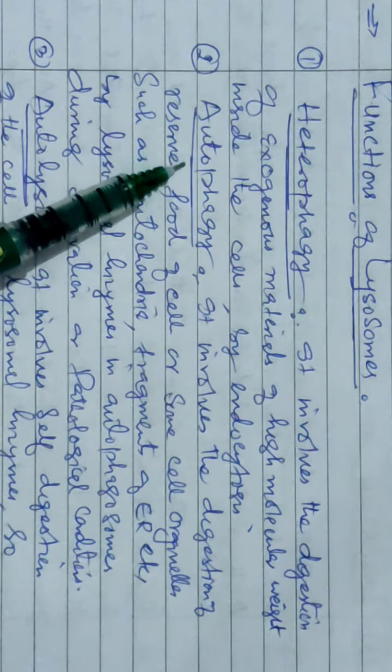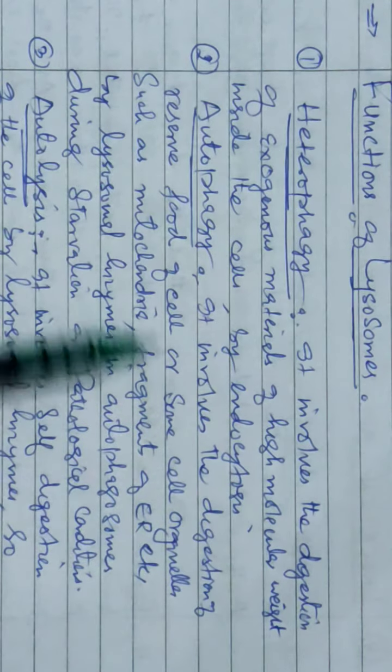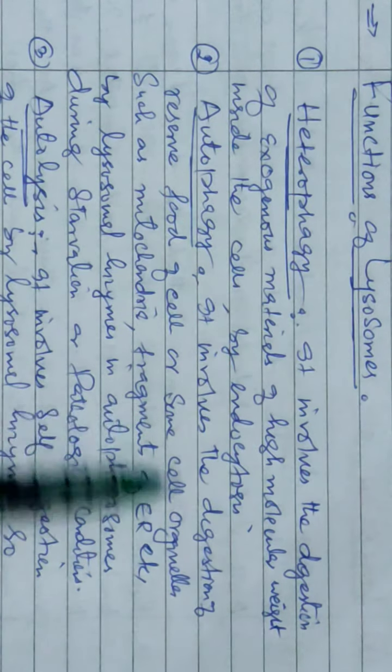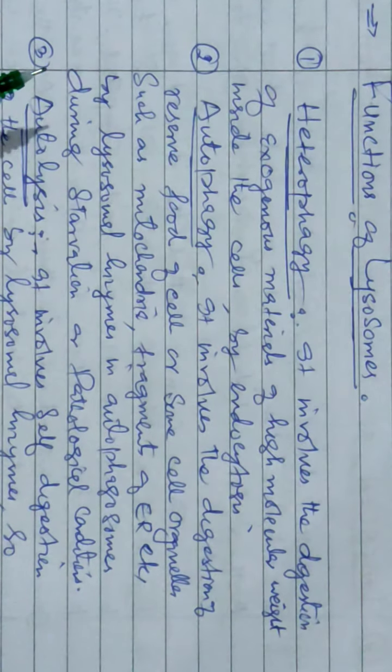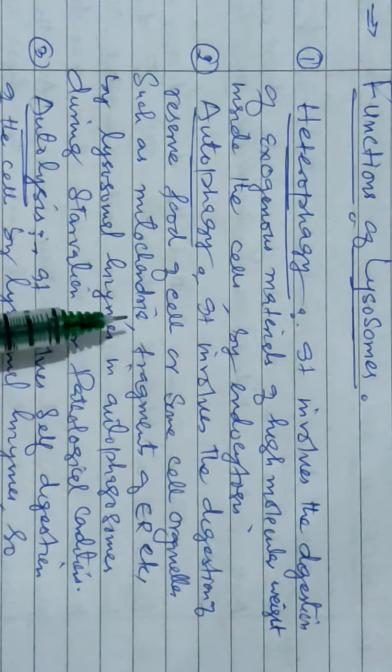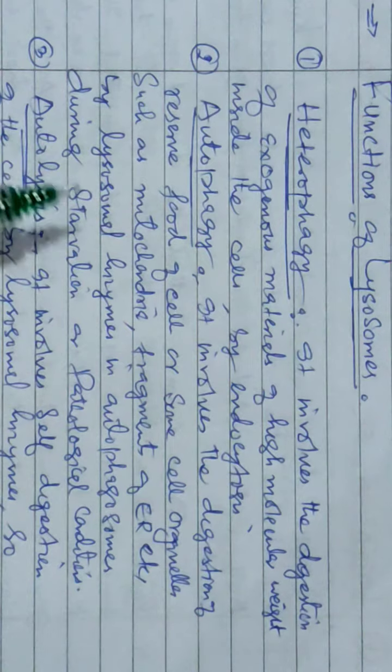It then performs autophagy. It involves the digestion of reserve food of the cell or some cell organelles such as mitochondria and fragments of endoplasmic reticulum by lysosomal enzymes in autophagosomes during starvation or pathological conditions.